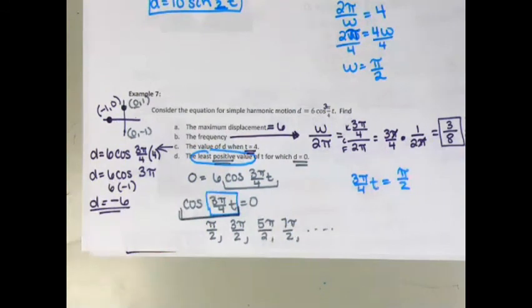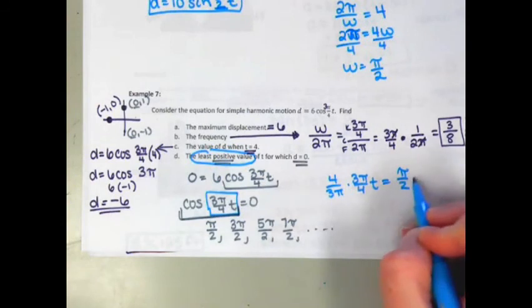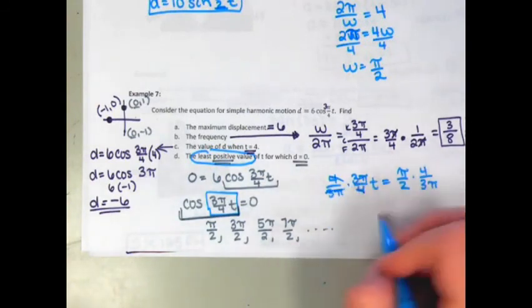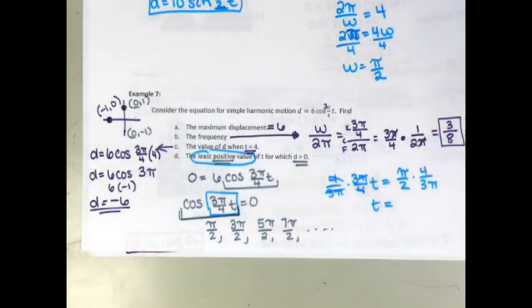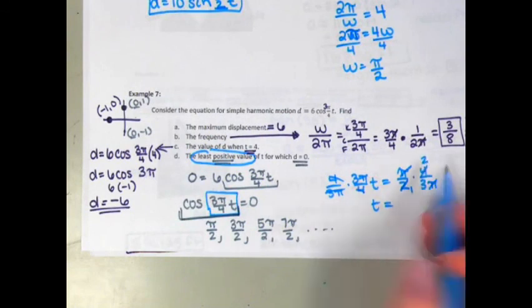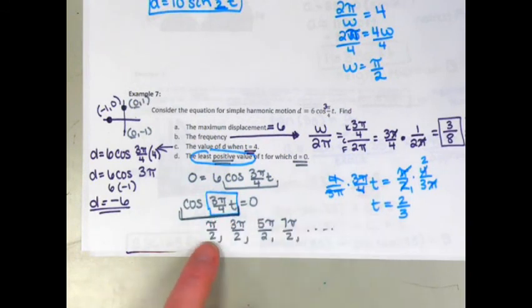How do I solve for t? Multiply by 4 over 3 pi, right? So t would equal, pi's cancel, 2 becomes 1, so isn't t equal to 2/3? If I plug 2/3 into t, I would get pi over 2. And isn't the cosine of pi over 2 equal to 0? Yes.